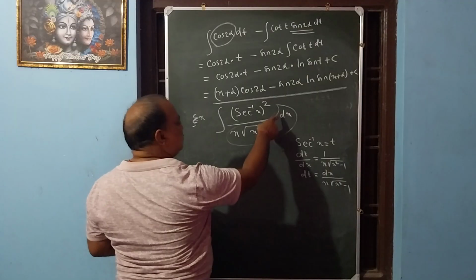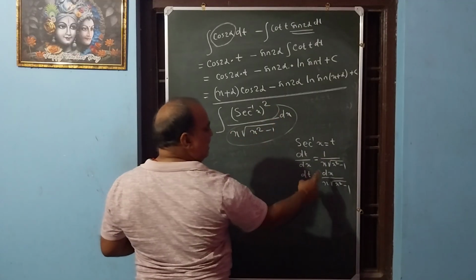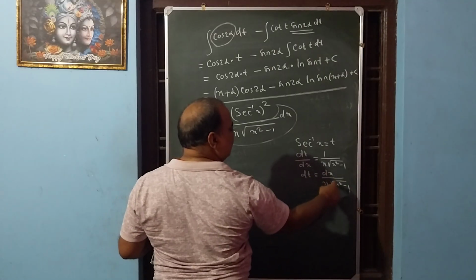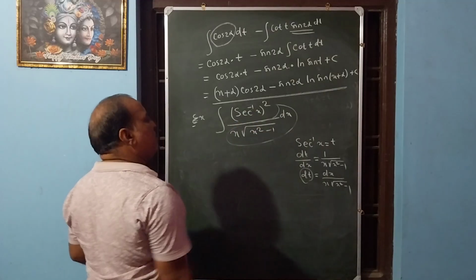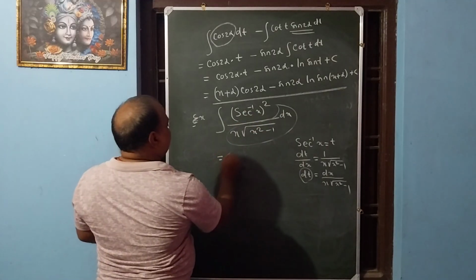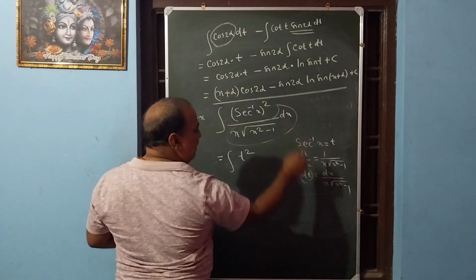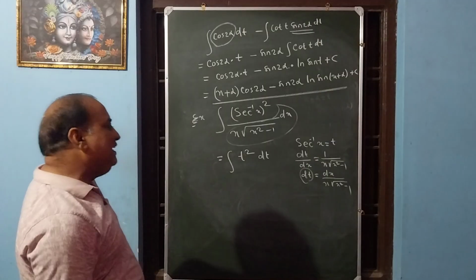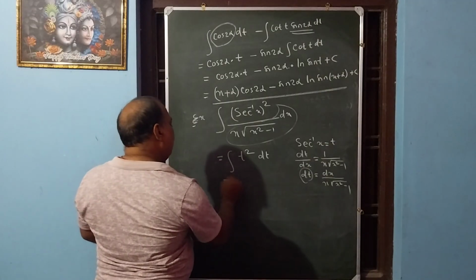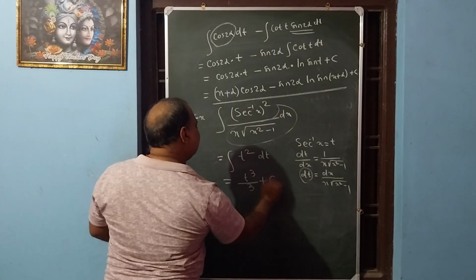So now in place of dx upon x into square root of (x square minus 1), we have to put dt. So the integral becomes t square dt. Integration of t square dt is equal to t cube by 3 plus c.